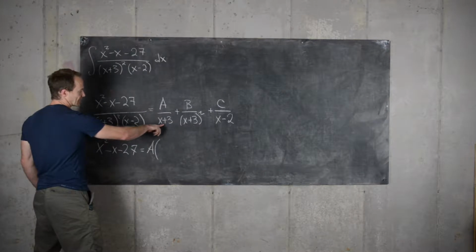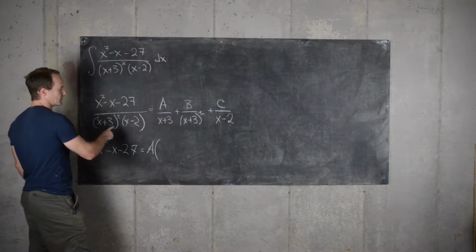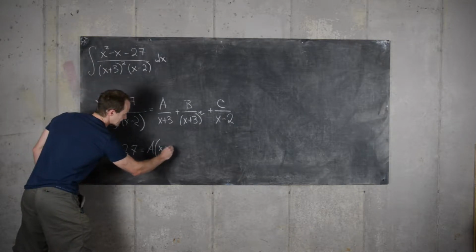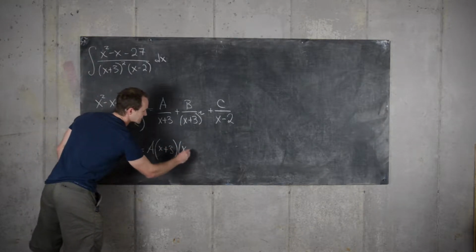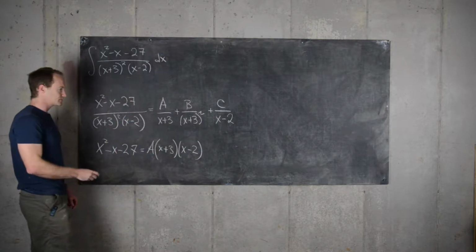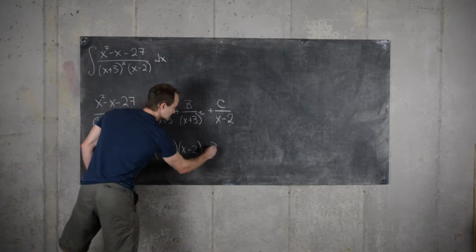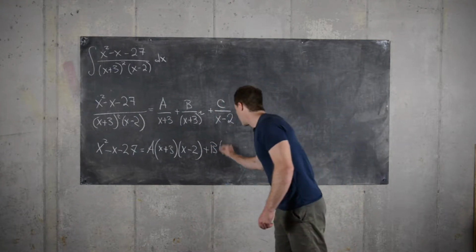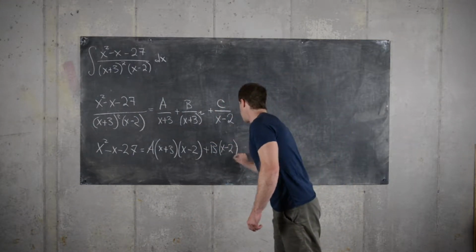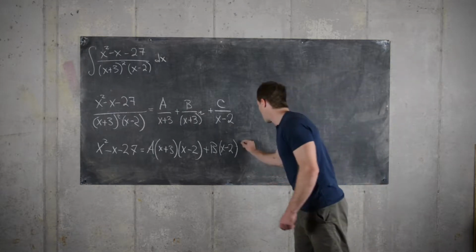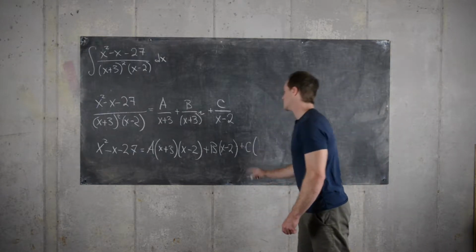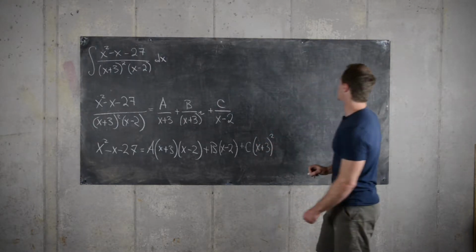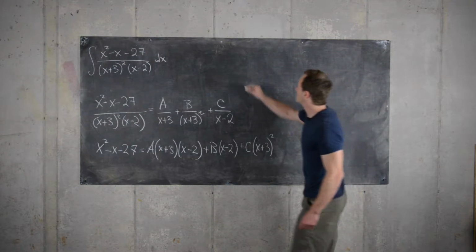So we have one factor of x plus 3, and we're multiplying by x plus 3 squared times x minus 2, so this will be x plus 3, x minus 2, good, plus b, so this has two factors of x plus 3, so we have only x minus 2 is missing, and then plus c times x plus 3 squared. Okay, so great.